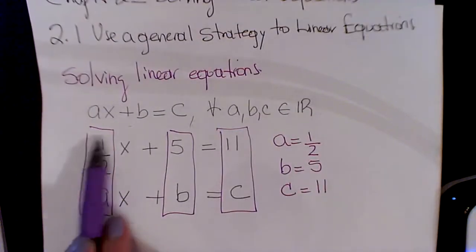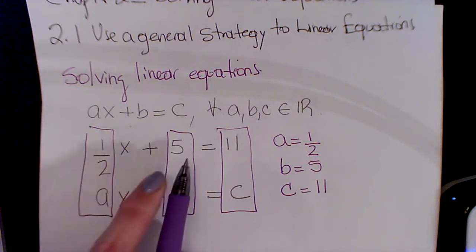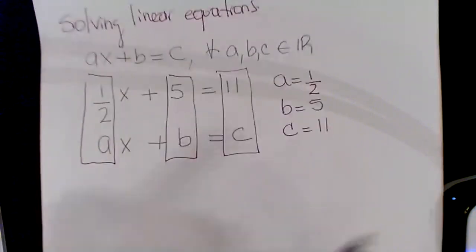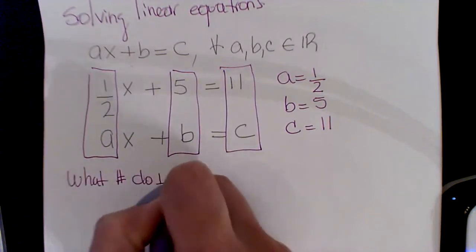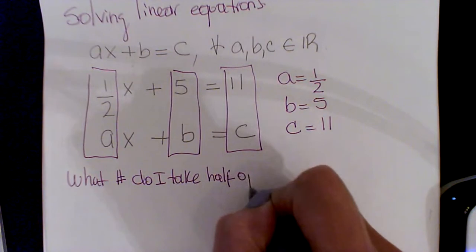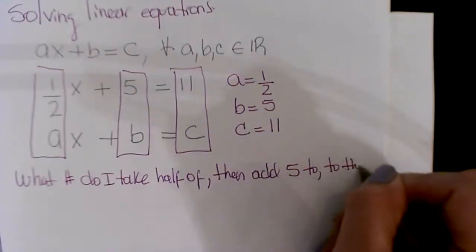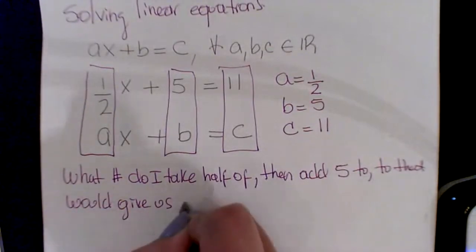What number do I take half of, then I add 5 to that, to give us 11.